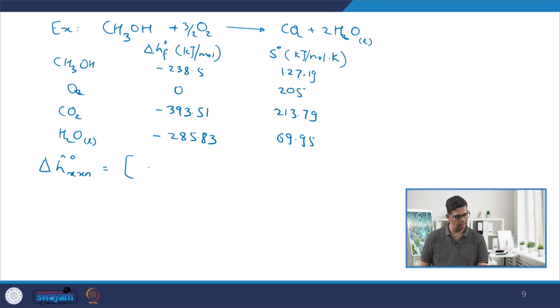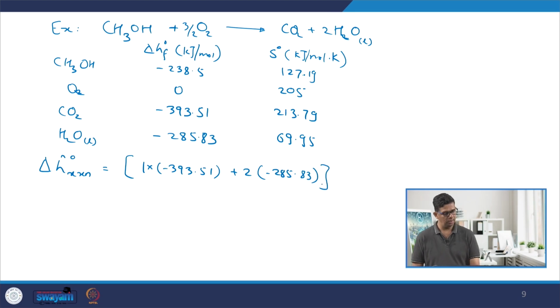It is minus 393.51, and the amount is 1 mole, so 1 times minus 393.51. What is the water molarity? It is 2 times minus 285.83. So that completes the formation enthalpies for the products.